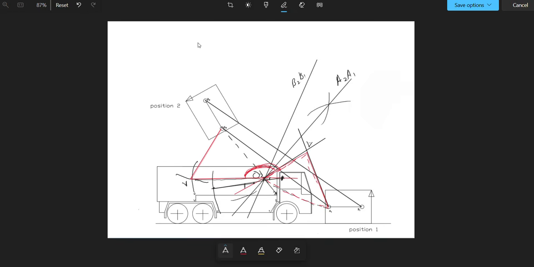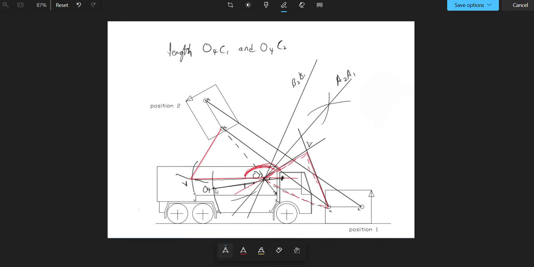So we are going to measure the length O4C1 and O4C2. So you measure this length. The pivot of the hydraulic actuator is O4. Don't forget that.